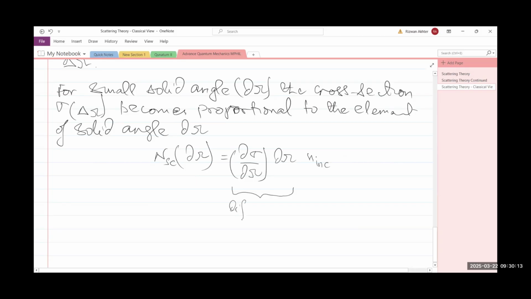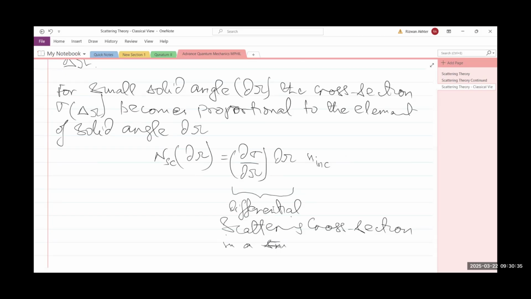This is differential scattering cross section in an element of solid angle d omega.